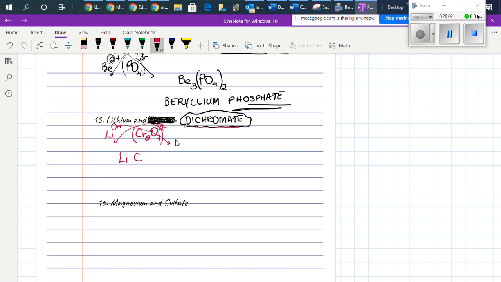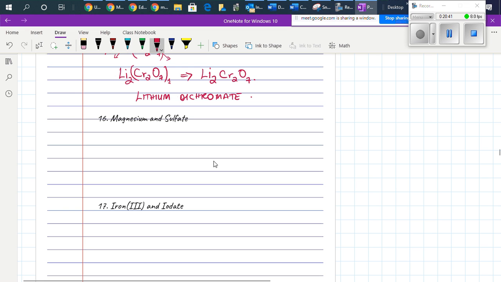So it is lithium 2, Cr2O7. It's 1 if we are going to be specific, but then 1 is not written in the chemical formula. So Li2Cr2O7. And the name will be lithium dichromate. No, we don't change it. Magnesium and sulfate.